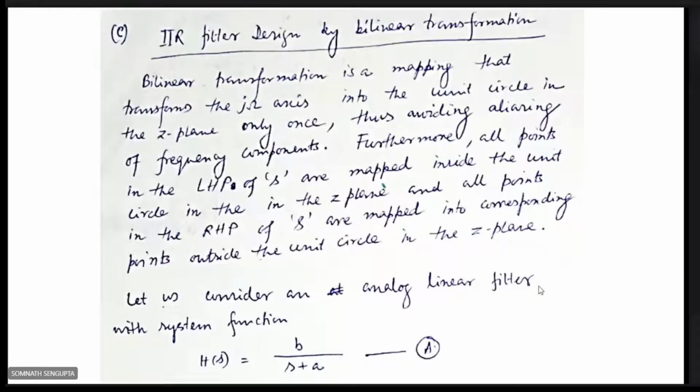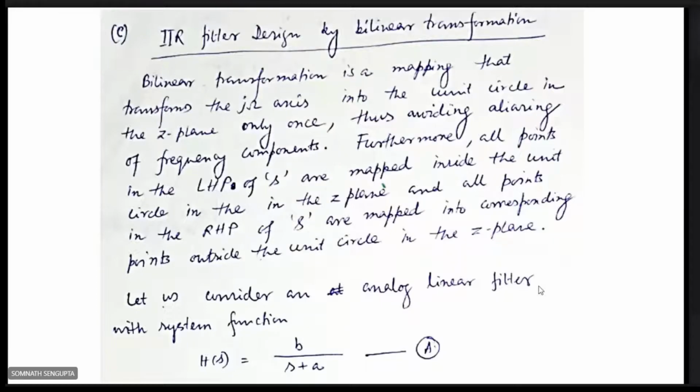Now this bilinear transformation overcomes this problem, that the mapping is not many to one, it is one to one. That means one particular frequency in analog domain is mapped into one particular frequency in digital domain. Okay. So digital frequency is not continuous, it is minus pi to plus pi.